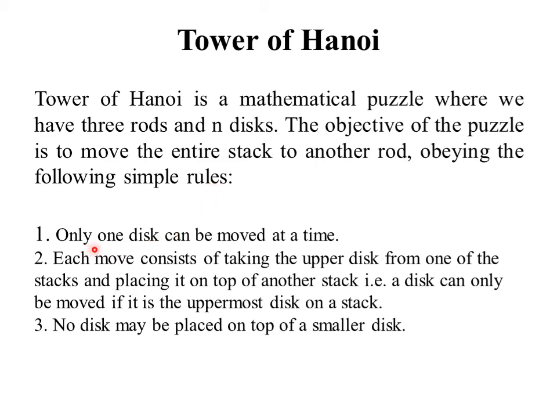First rule: only one disc can be moved at a time. Each move consists of taking the upper disc from one of the stacks and placing it on top of another stack. That is, a disc can only be moved if it is the uppermost disc on a stack. No disc may be placed on top of a smaller disc.